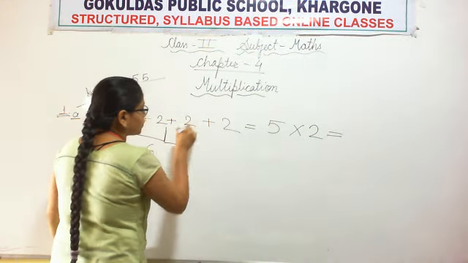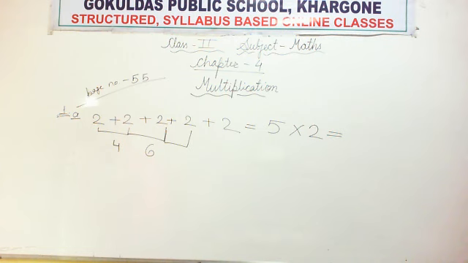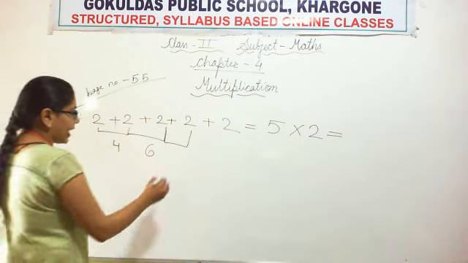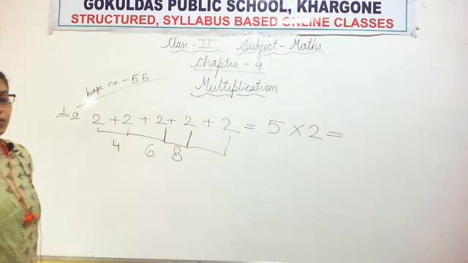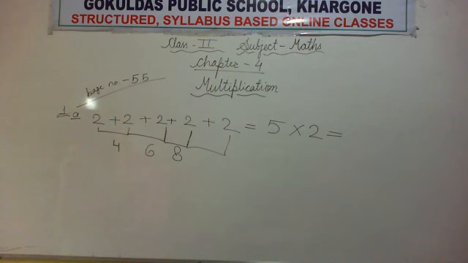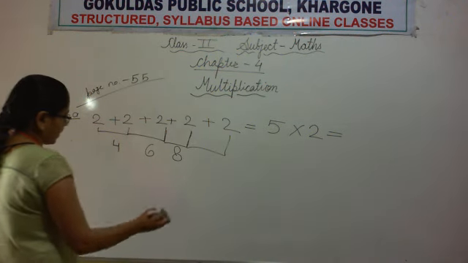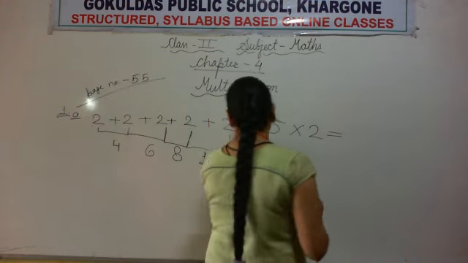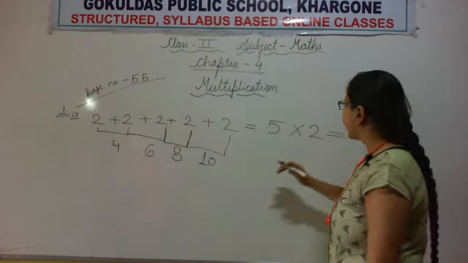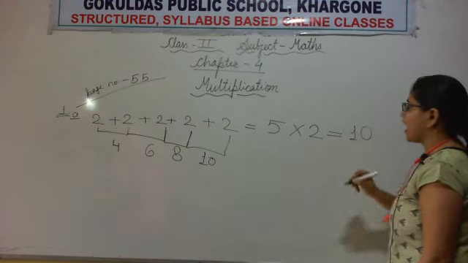Now plus 2. 6 plus 2, all of you add. Very good, 8. Now plus 2, one more time add 2 in it. 10. So now we are here at number 10. This is our answer.